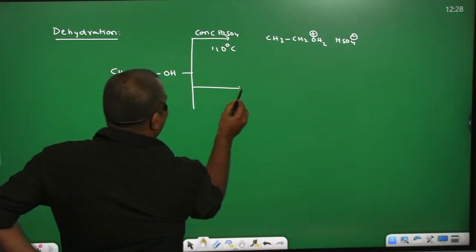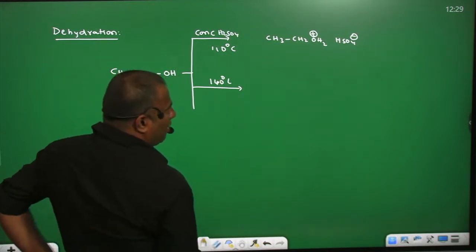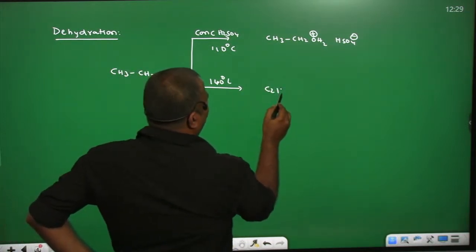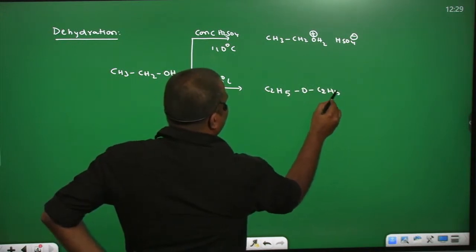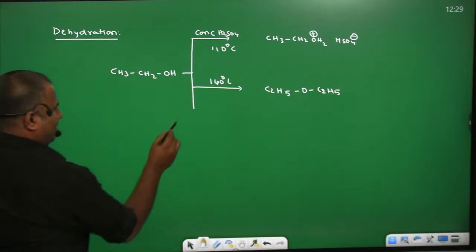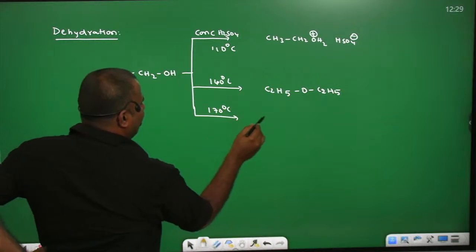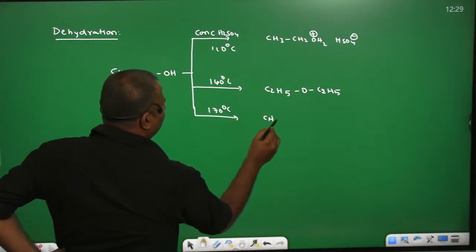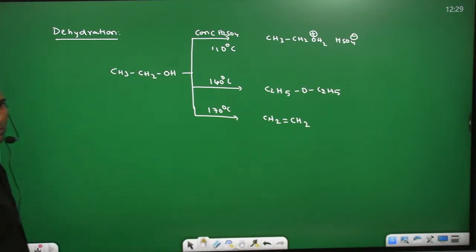Whereas the same sulfuric acid at 140 degrees centigrade is going to bring diethyl ether. At 170 degrees centigrade, it is going to form CH2=CH2, ethylene. Dehydration is observed.